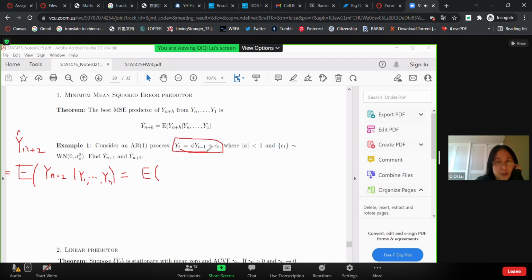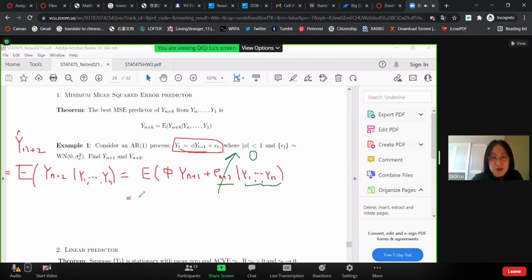From the AR(1) difference equation, you have y_{n+2} equals phi y_{n+1} plus epsilon_{n+2}, given y_1 to y_n. The second term, the expectation of the noise at time n plus 2 given the data y_1 to y_n, is 0, right? Again, the noise at n plus 2 is uncorrelated with the past values of y_t.